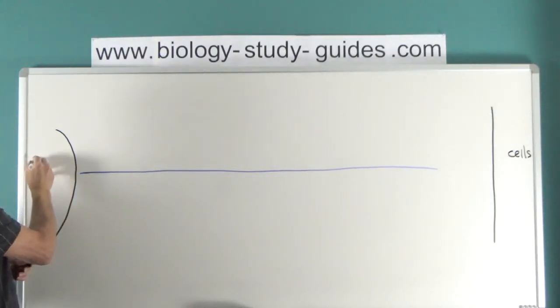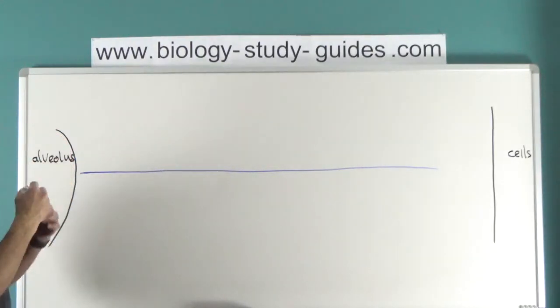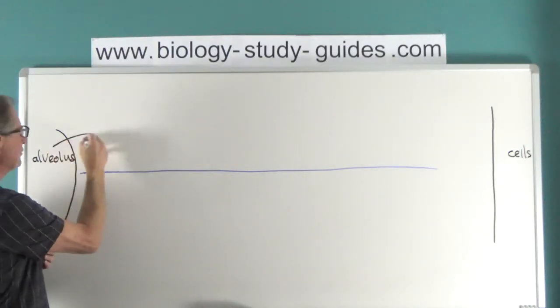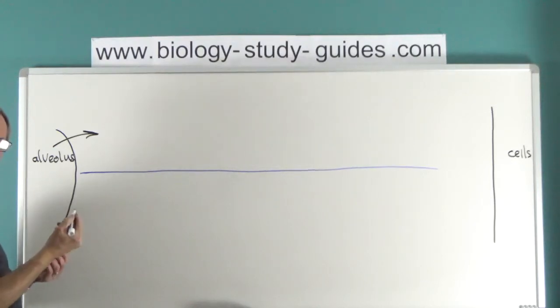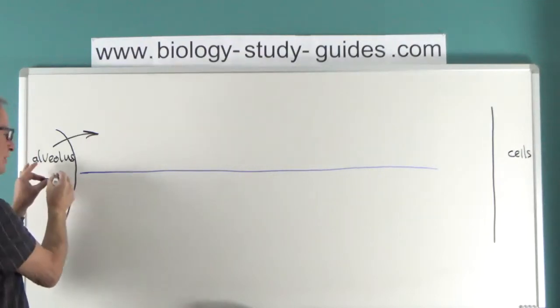The alveolus fills with air during inhalation. Oxygen diffuses into blood. The reason it diffuses into the blood is because there isn't any oxygen in the blood. It's lower than the concentration in the air.